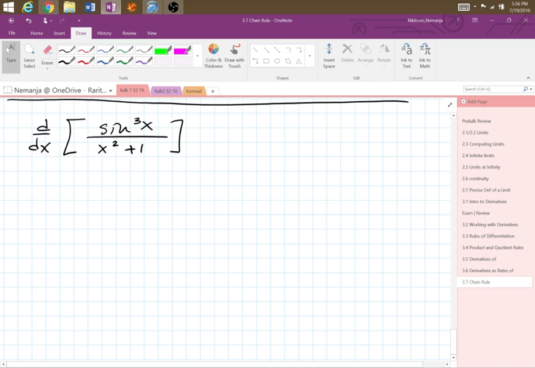So what is the method or derivative that we have to use here? Quotient rule, right? Great. Do it. Be careful when you have to take the derivative of the numerator. So this is the quotient rule.